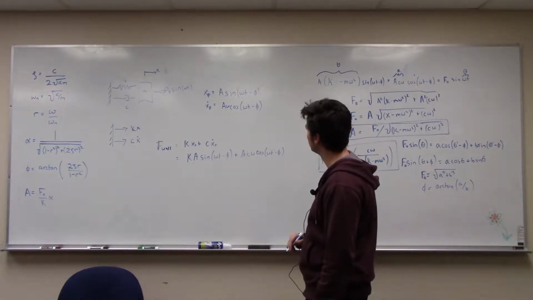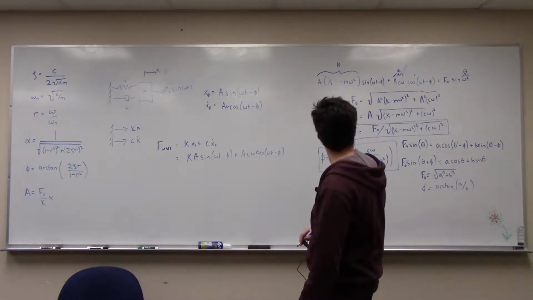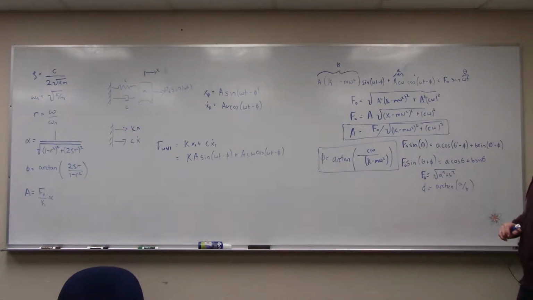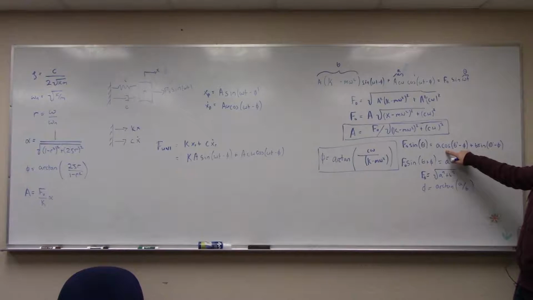Now look here, we have something similar. We're going to use our identity again. We've got the sum of a sine and a cosine that fits this form.